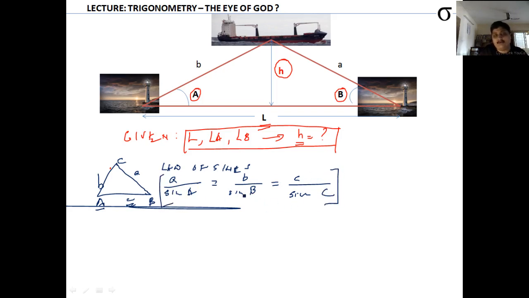This can easily be proven using the basic trigonometric identities. So using this, the first thing you would do is we know that h divided by a is equal to nothing but sine B. So therefore, h will be equal to a sine B. So just mark that out.